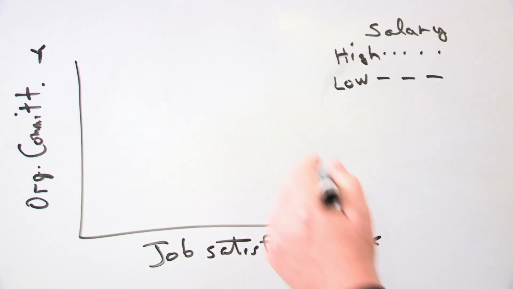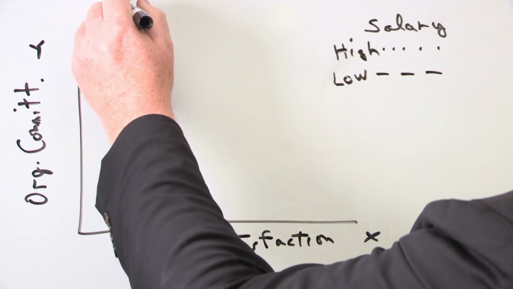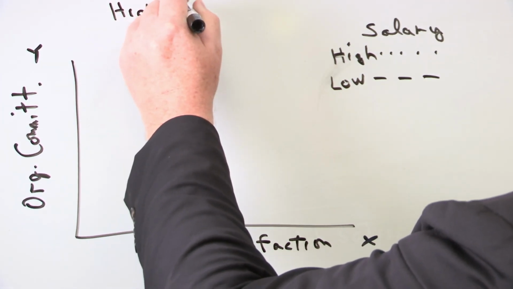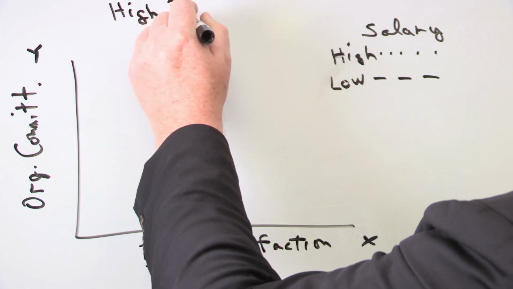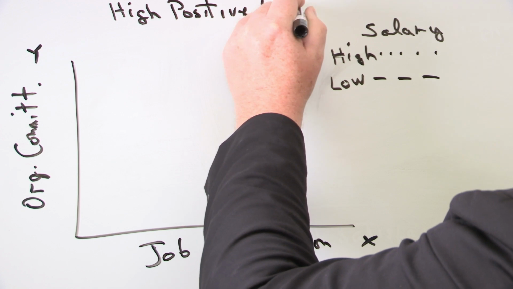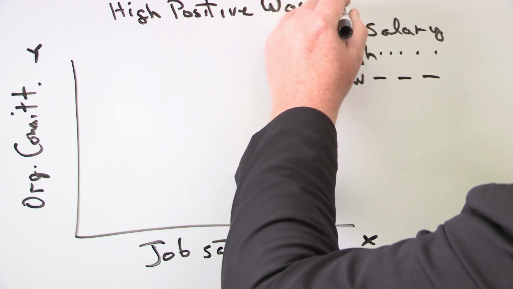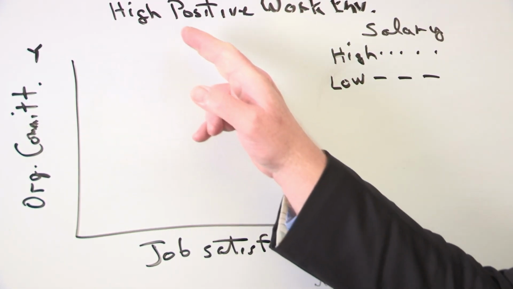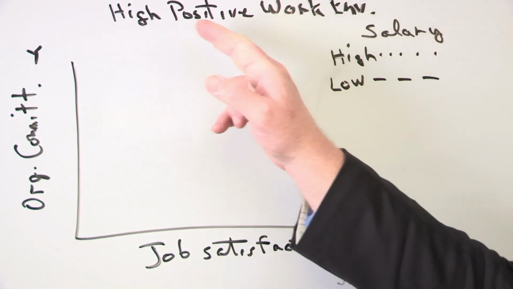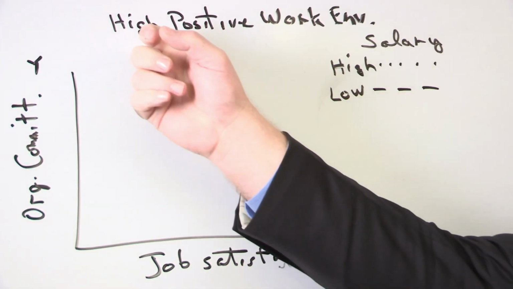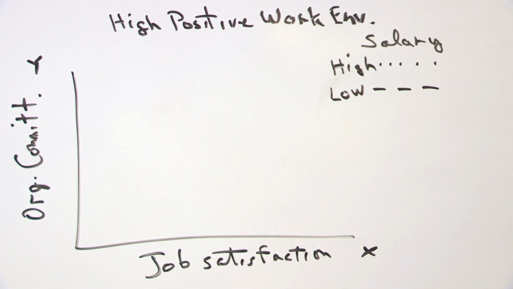And the two-way interaction looks this particular way within a high positive work environment. All right? So here's our level of our higher order moderator, positiveness of work environment. We have a highly positive work environment.